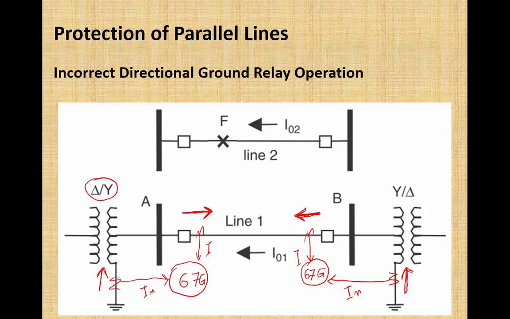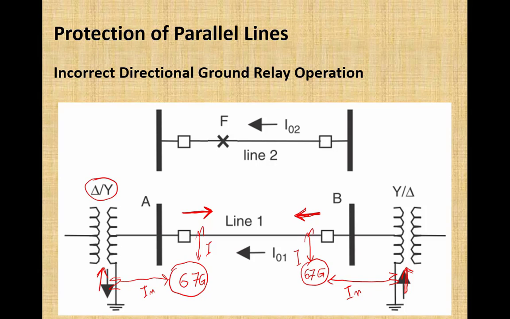Now the path for the flow of that induced zero sequence current will be from the line into bus A, from this bus into the transformer Y connected winding, and from the neutral into the ground, and that current will flow through the ground and back into the transformer neutral at substation B in upward direction, and then back to the system.